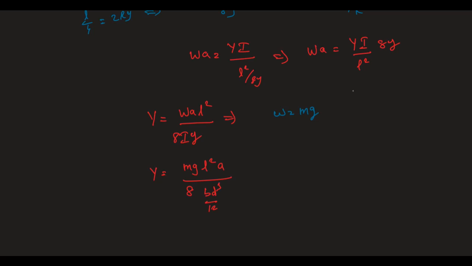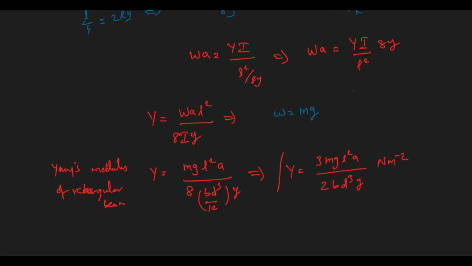This is Young's modulus of the rectangular beam. If we simplify now, then I arrive at 3 mg L square A divided by 2 BD cube small y Newton per meter square.